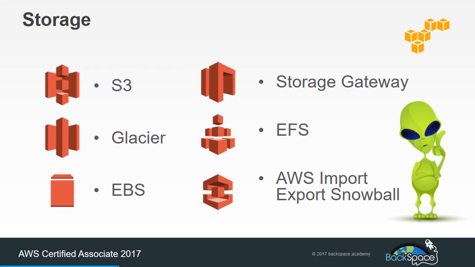So the storage options that are available for us on AWS, the first one being Amazon S3, Simple Storage Service. And that is one of the serverless or abstract services of AWS. And what that means is that we don't really know what is going on behind the scenes with Amazon S3.